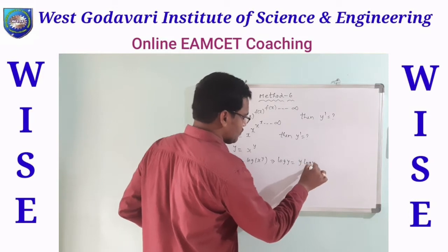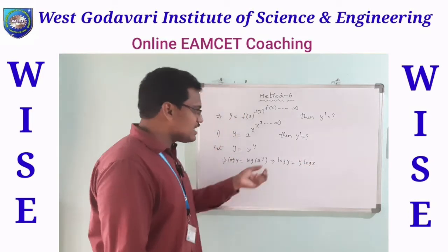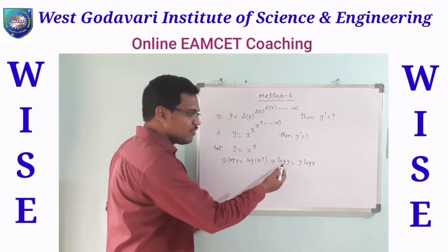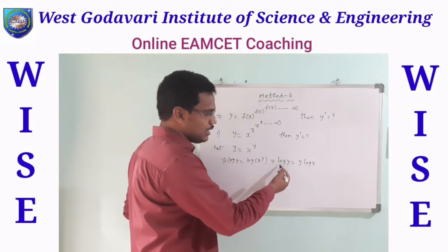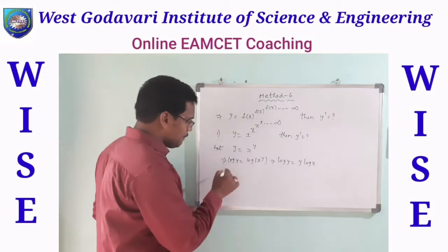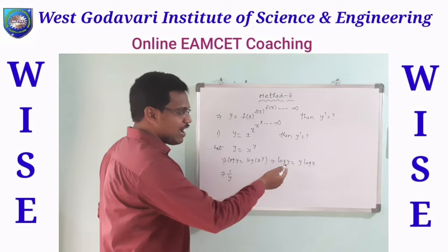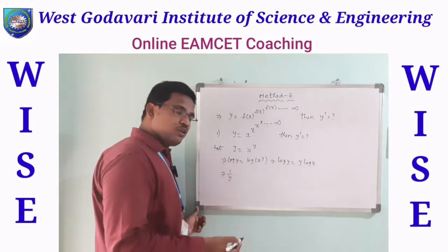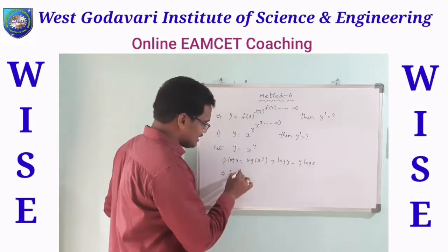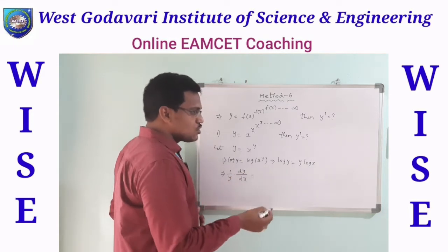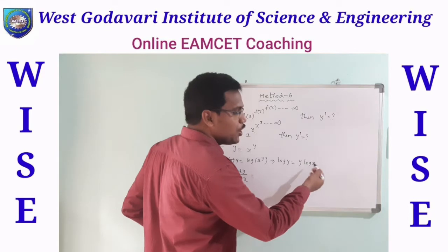Now differentiate this equation with respect to x. Then d by dx of log y gives 1 by y into dy by dx, that is equal to, so here this is in the form of uv.